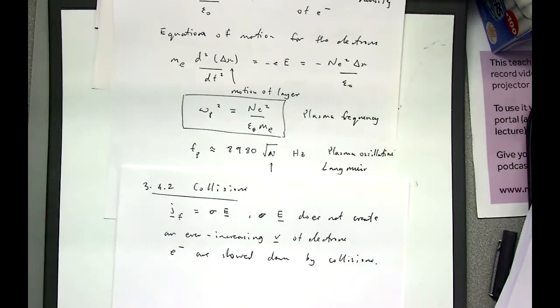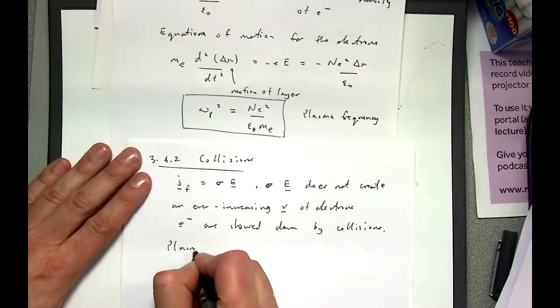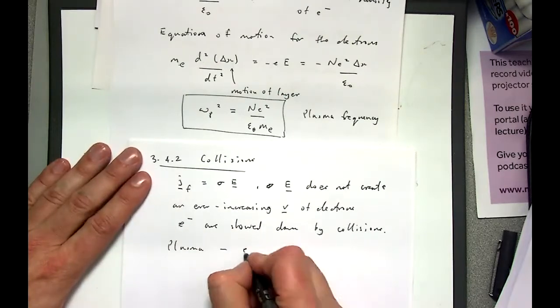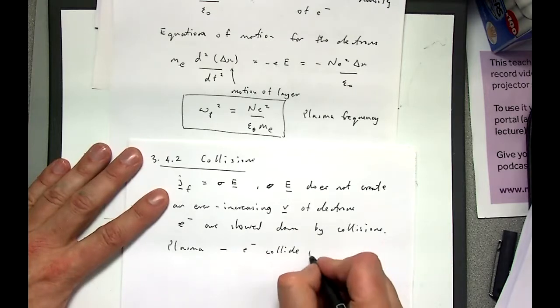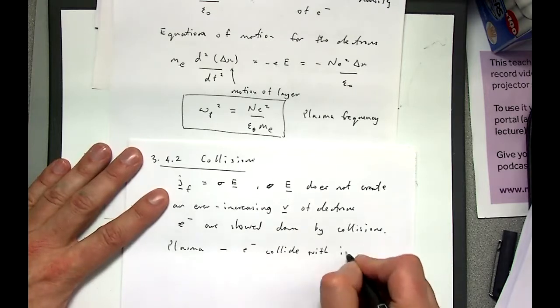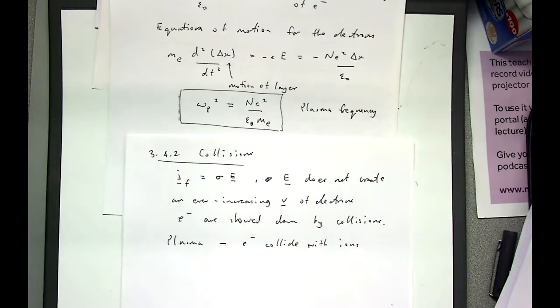Collisions with what? Well, in the plasma, those are essentially ions, aren't they? We expect them to be ions. There's nothing else there. Okay? So the electron's coming along, it sees the Coulomb field of a positively charged ion, and it experiences a force which directs it transverse to its original direction of motion.